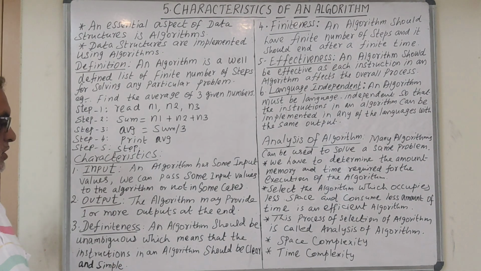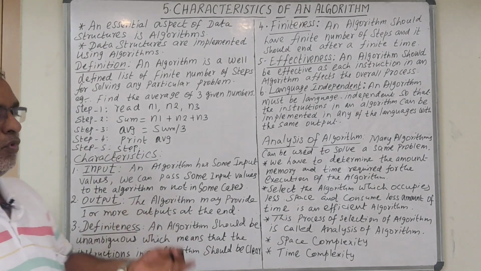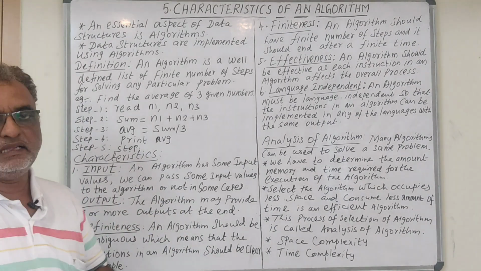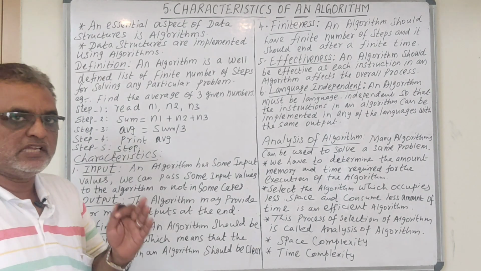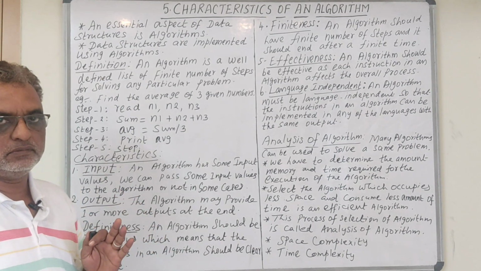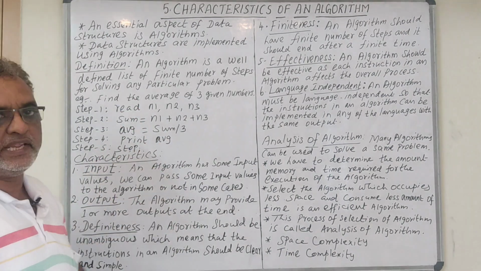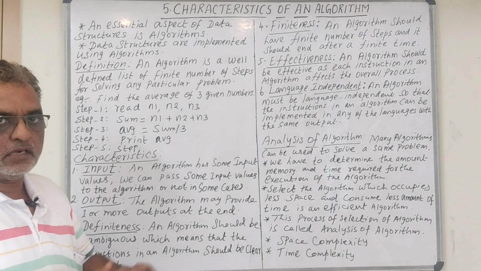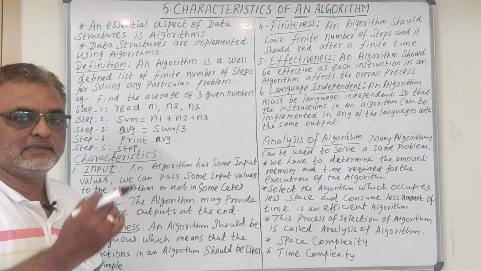Next one is the output. The algorithm may provide one or more outputs at the end of its execution. So minimum it has to provide one output, because that is the purpose of writing an algorithm. So the algorithm has to produce some kind of output at the end.